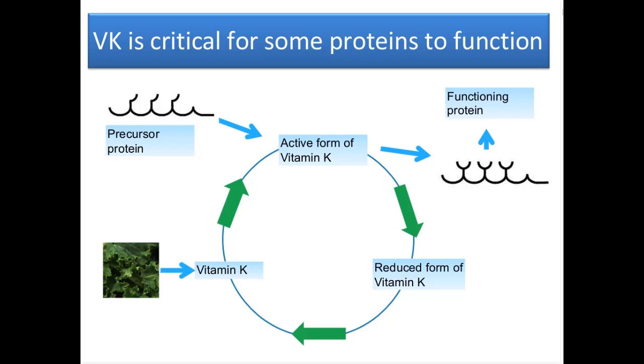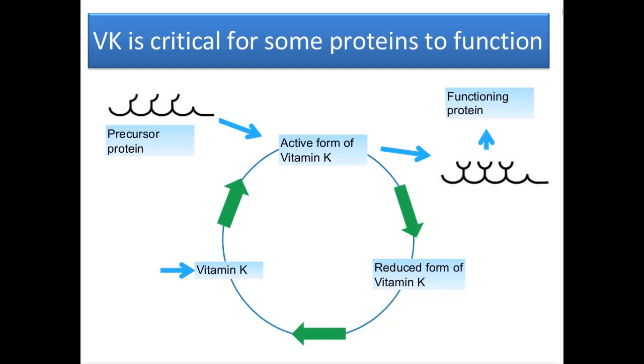So the take-home message here is vitamin K assists certain proteins to be functional. And it does it with a biochemical change from a precursor protein to a functioning protein.